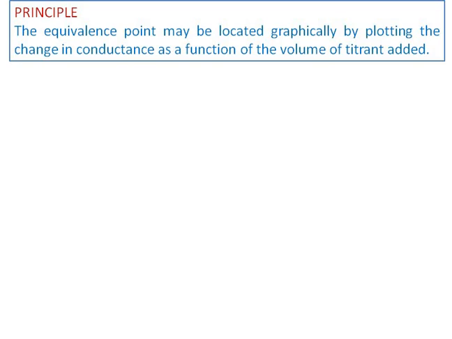As we add the titrant from the burette to the beaker, the conductance value varies, and near the end point there will usually be a sharp change in the conductance value. This is exactly determined by plotting the graph of change in conductance versus volume of the titrant added.